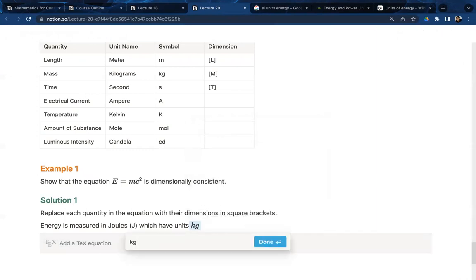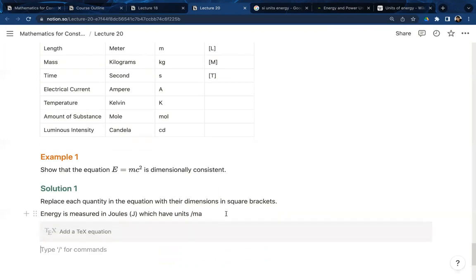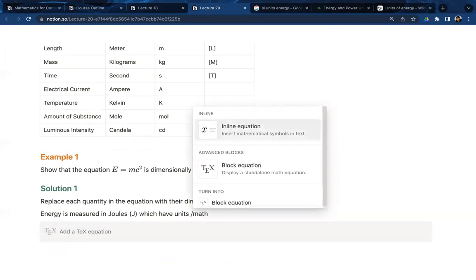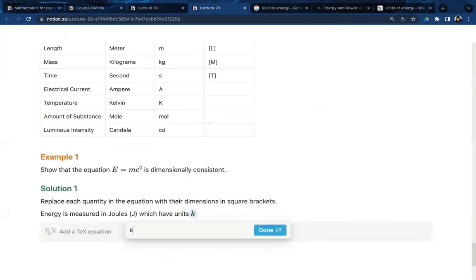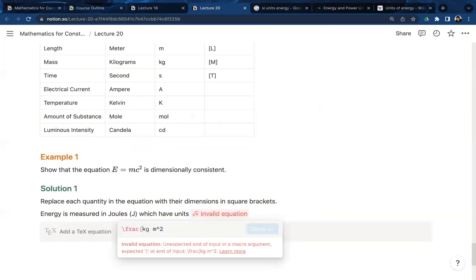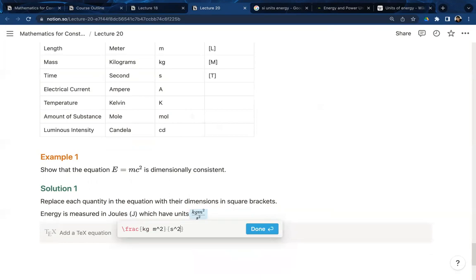You write kilogram meters squared per second squared, or you could write it without any fractions.